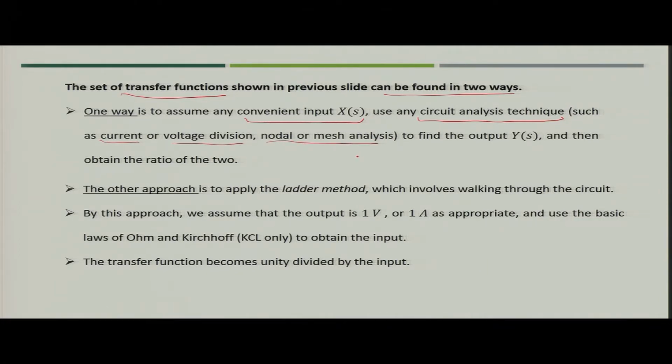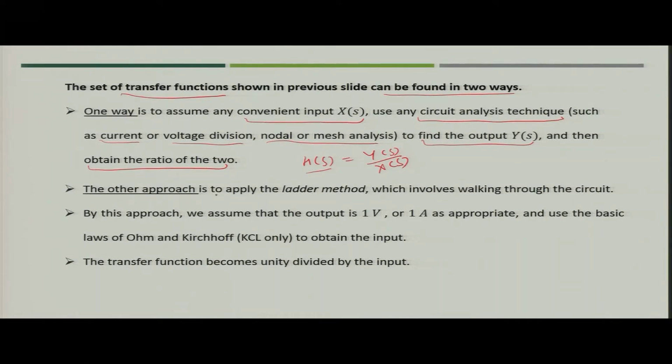You can apply those techniques and find the output Ys. Then you find the ratio of the two, Hs equal to Ys upon Xs. You know Xs, you apply the circuit analysis and find the output, and then obtain the ratio of the two to find the transfer function, or if you know the transfer function, you can straight away find the output response of the circuit.